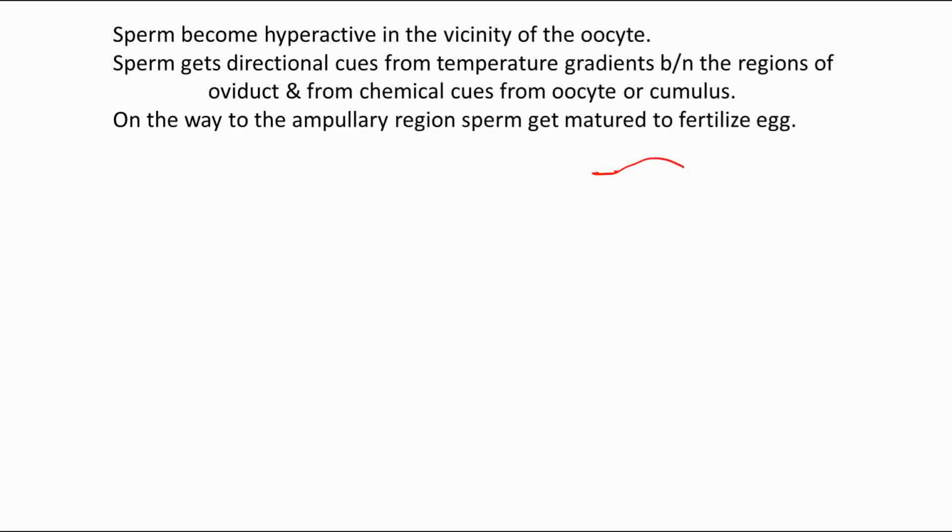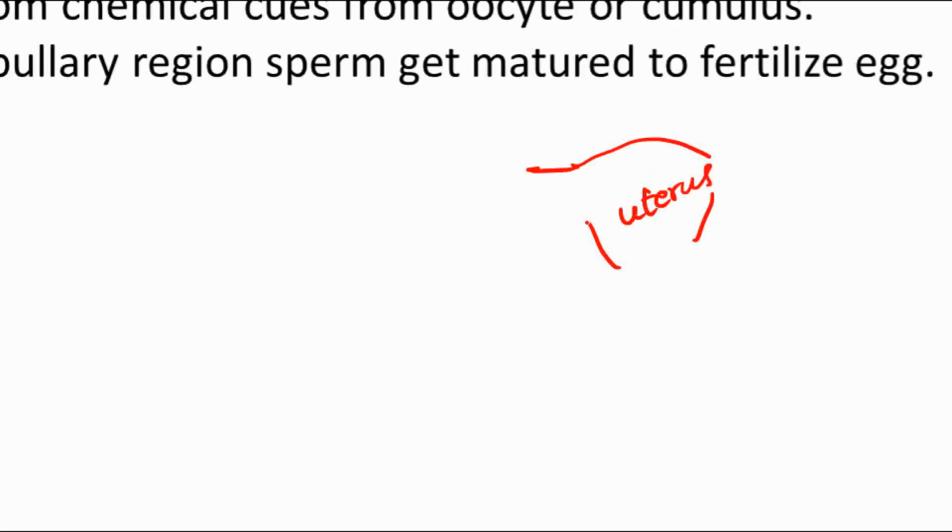I'll show you. So this is the uterus, and this is the oviduct. As the sperm moves through the oviduct, there is a gradient of temperature. A range of temperature exists in this oviduct.